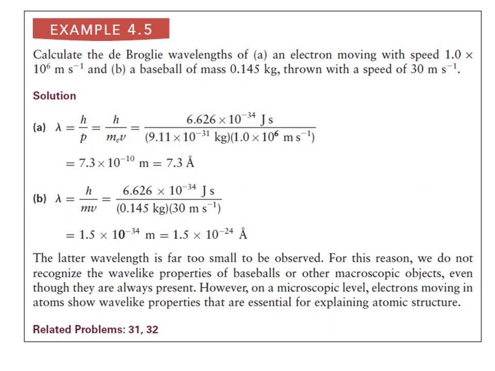It is the macro object, so this is not possible to detect the wavelength of the baseball, but in case of the microscopic level, like the electron is moving and this is showing the wave like properties, but the baseball is not. You have calculated it, but this is not detectable in any of the electromagnetic radiation.